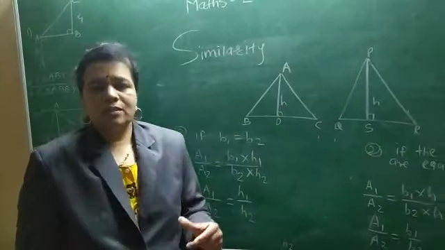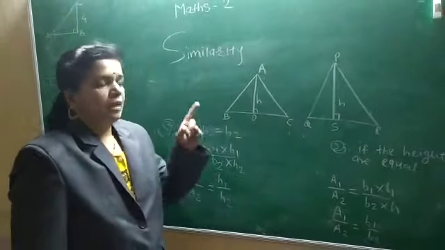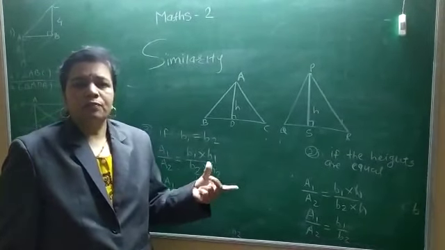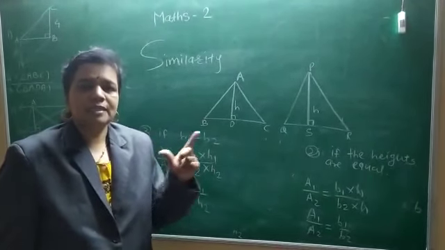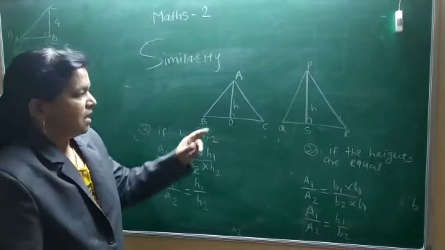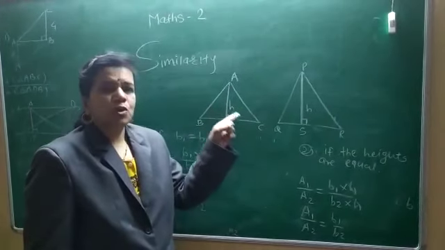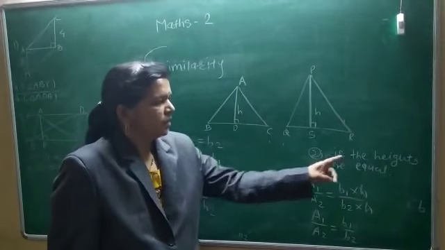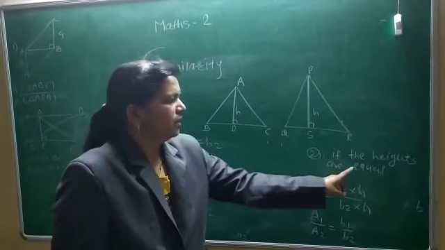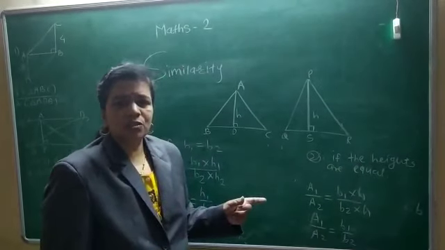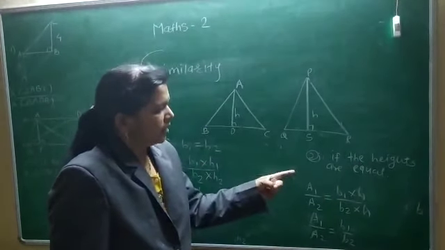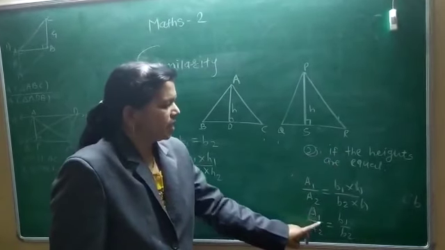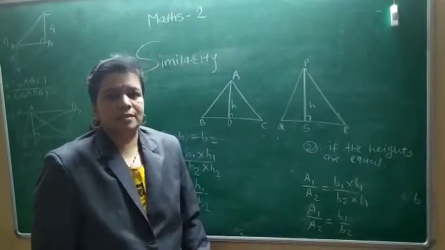The first property we have seen already. What is the first property? The ratio of areas of two triangles is the ratio of the product of their bases and corresponding heights. What is the second property? The ratio of areas of two triangles with equal heights is the ratio of their corresponding bases.